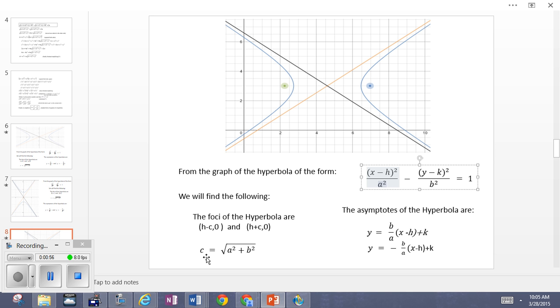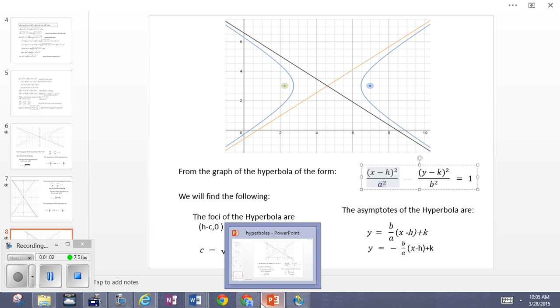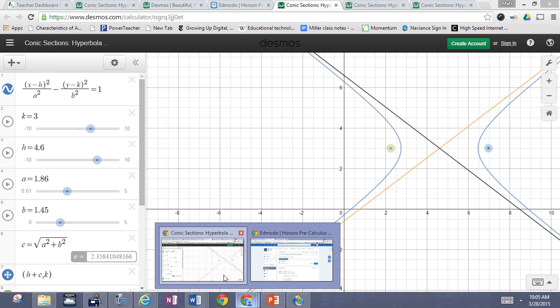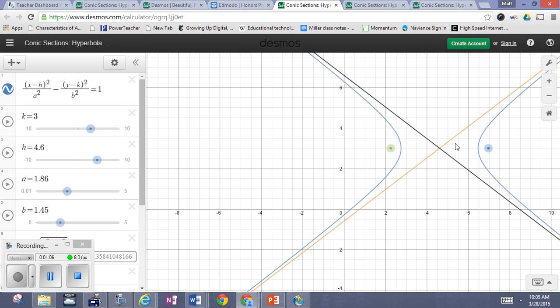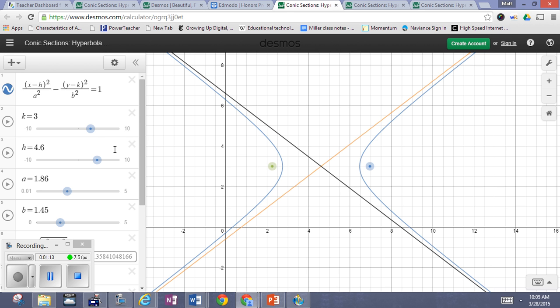Okay, so let's take a look at the Desmos file created to work along with this. Here we are with the Desmos file. We can decide where our center is going to be.